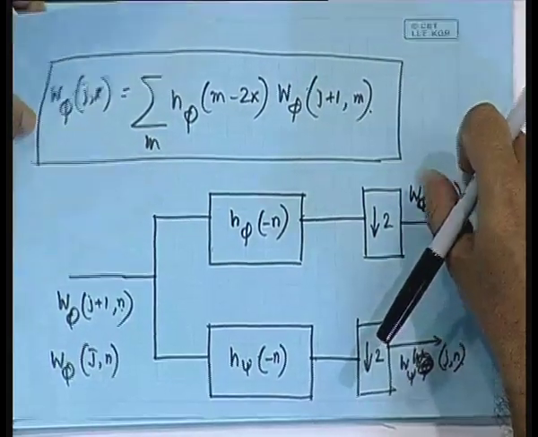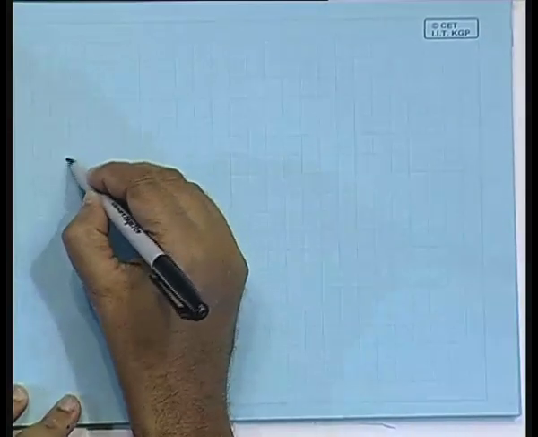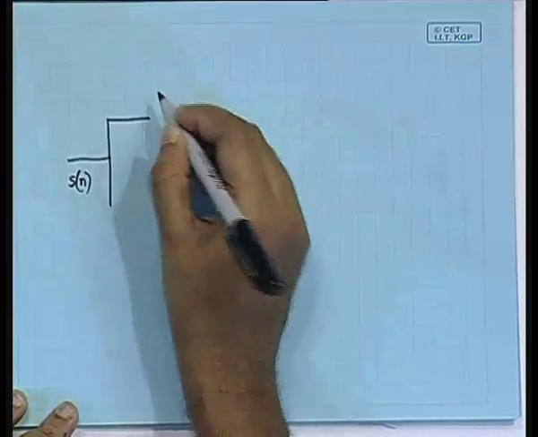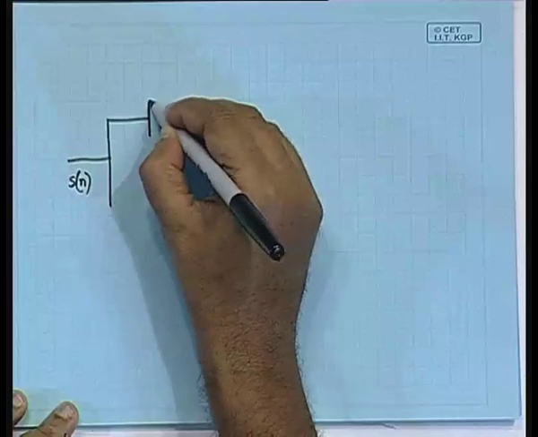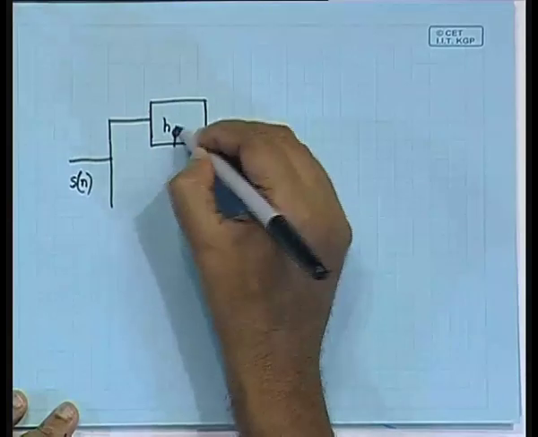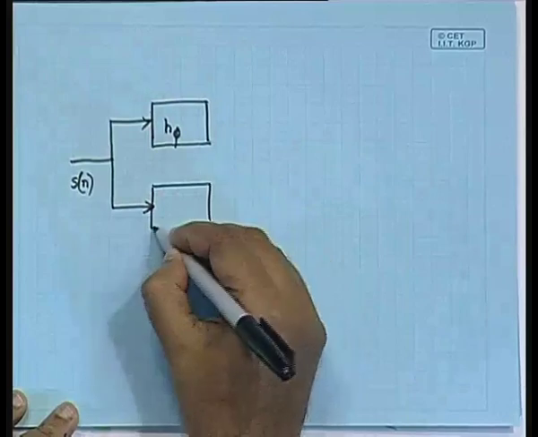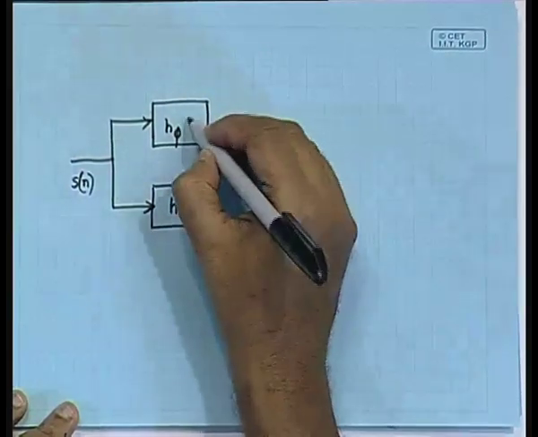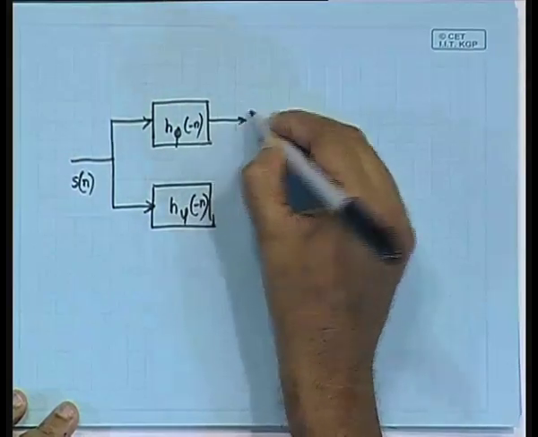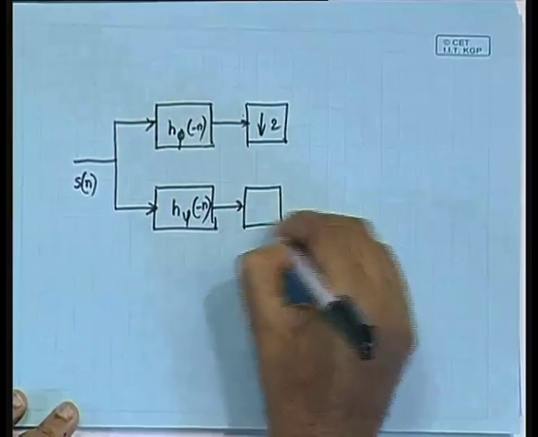In that case, what we need to do is to analyze this low pass output further. What it means is that, given the original signal, let us say it is S of n, we are passing this S of n into two filters. One is this H phi filter, the other is the H psi filter, and then we are decimating by 2 here, decimating by 2 here.